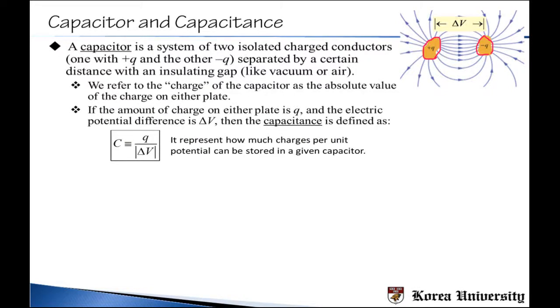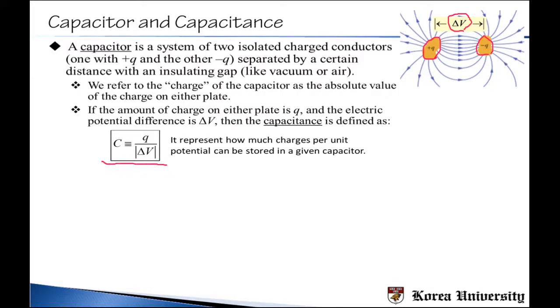And then here you can see that electric field lines are going from one side to the other. We learned that when the electric field goes through a certain distance, there will be an electric potential difference. Let's call this electric potential difference delta V. Using this, now we can define capacitance.